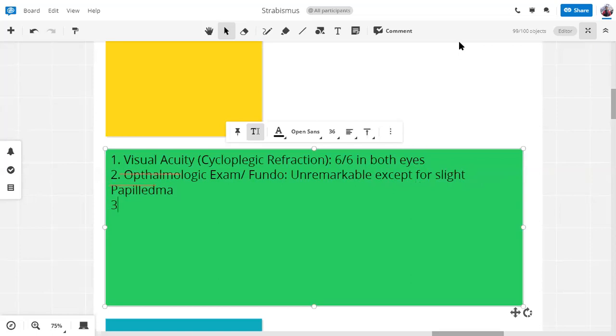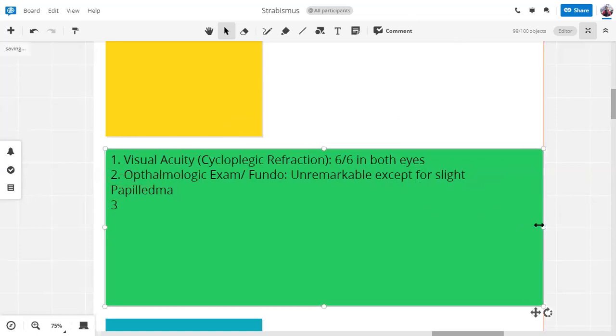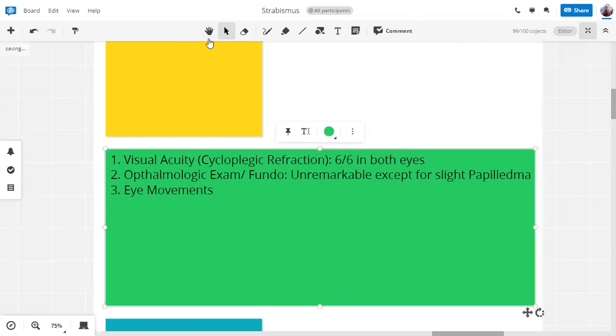What next? Eye movements. You do the eye movements of this patient, and there's nothing wrong in some positions of gaze.